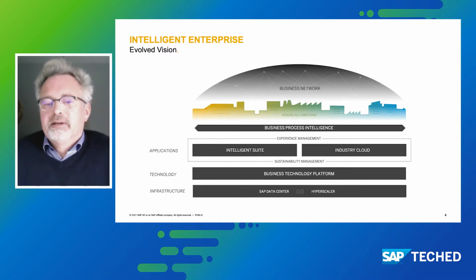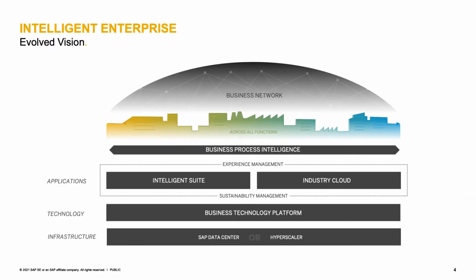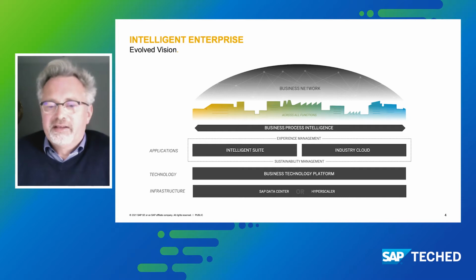So what does this mean when they include this into their daily business? SAP's base solution is then the intelligent suite and the industry cloud solutions we offer. And from a technology perspective, we have one integration platform, which is the business technology platform.